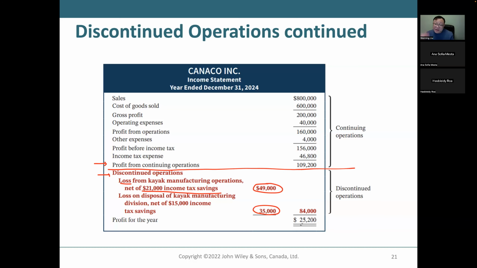So when I'm thinking about next year's financial information, I won't predict that next year's profit will be roughly 25,200, because this discontinued operation will not be there anymore. My prediction would be that next year's performance would be close to $100,000, which is the profit from the continuing operation. So the format of presenting this information is that you present the information from the continuing operation, followed by the information from the discontinued operation. Does this make sense?